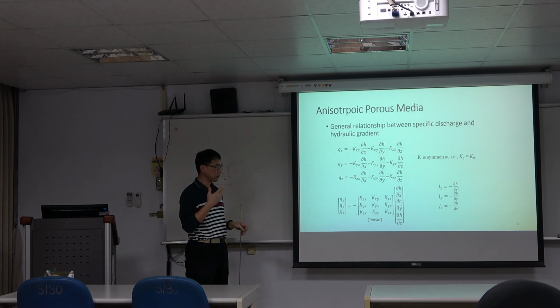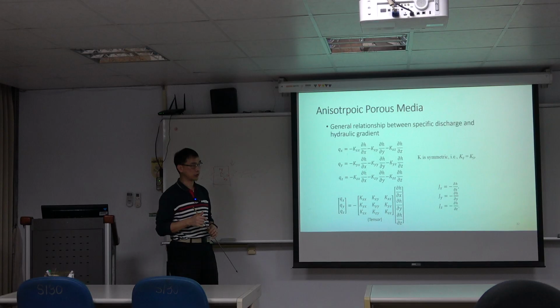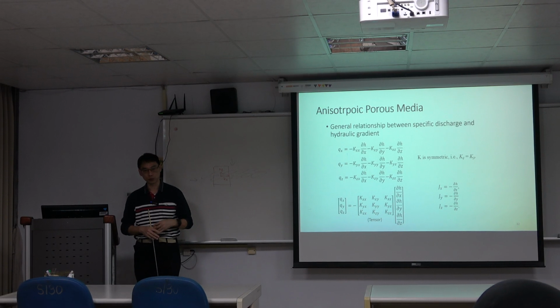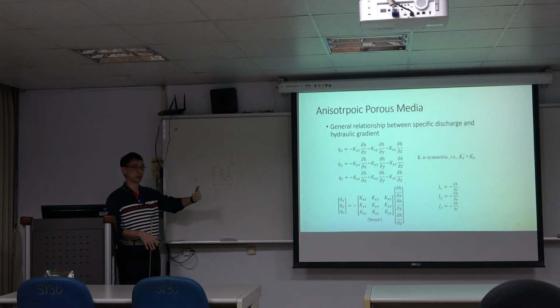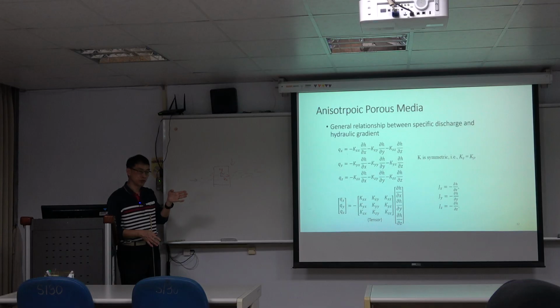But for real problems, like when we did the simulation for the Joshua River alluvial fan, we used NSEW and the vertical as our coordinate system, the plane. So we are not exactly shifted to the principal direction, but we just assume the system can be separated into Kx, Ky, and Kz.